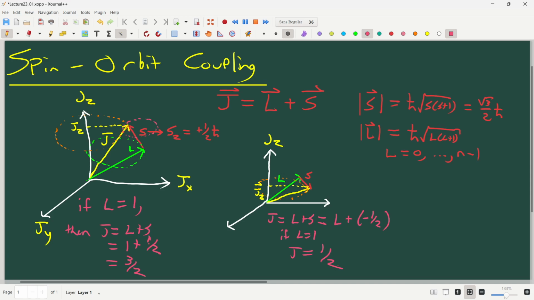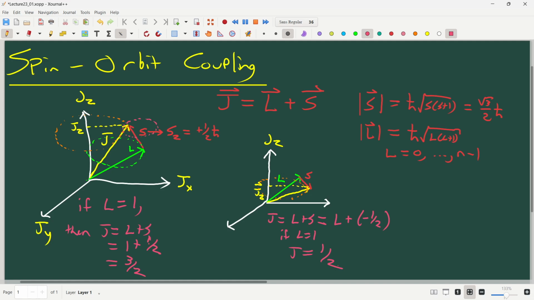Okay? You do that with charges in an electric field as well. So there's going to be some preference to align or anti-align the spin with the angular momentum. And it turns out it depends on the atom whether one's more stable or the other. We'll actually come up with a rule for it. But in general, one of them is going to be more stable than the other.